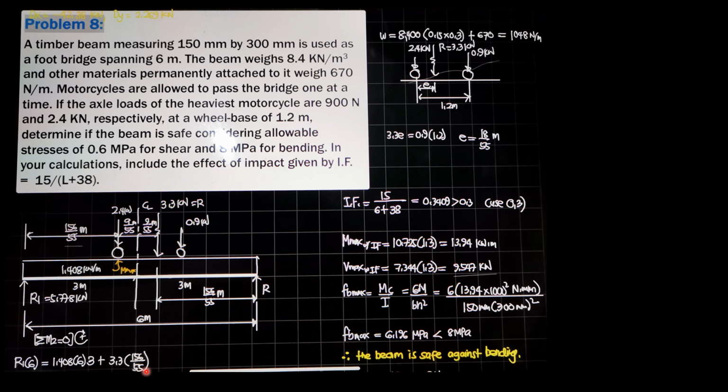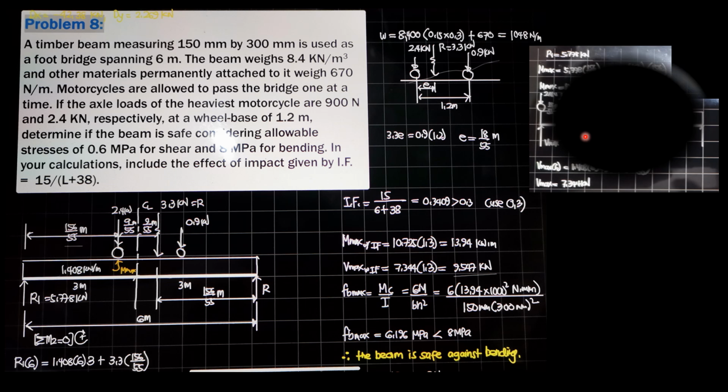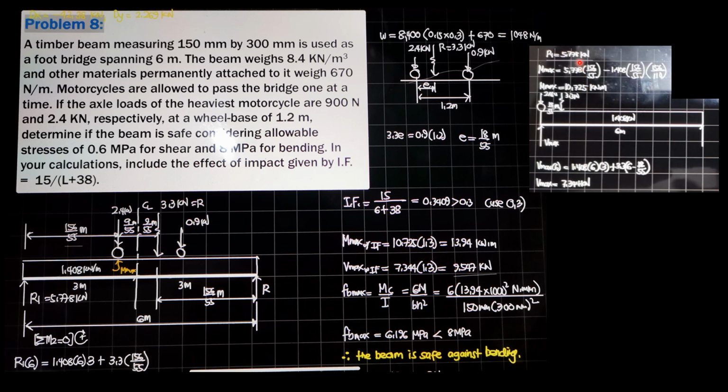So solving for R1, we can solve for R1 definitely. R1 is equal to 5.778 kilonewtons.